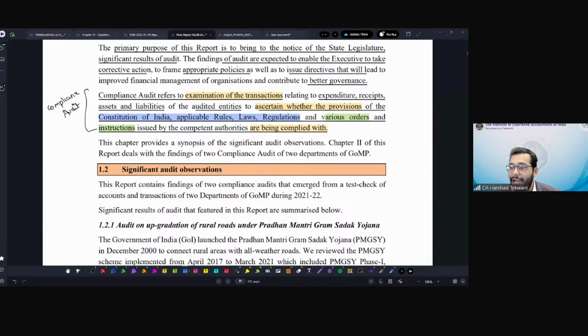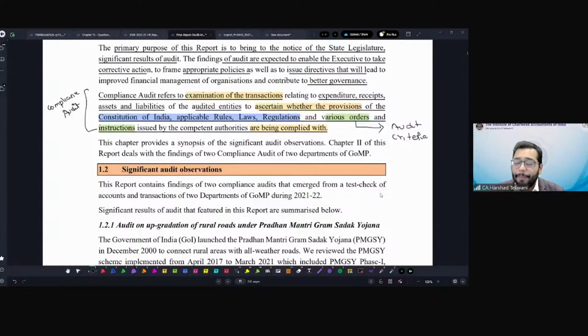Sorry, this is the criteria, the audit criteria basically. This is the audit criteria that I have to see whether it has been followed or not. So my subject matter, which is the scheme or the program, I will evaluate against the audit criteria. Remember, in the last session I specifically discussed this audit criteria and subject matter.